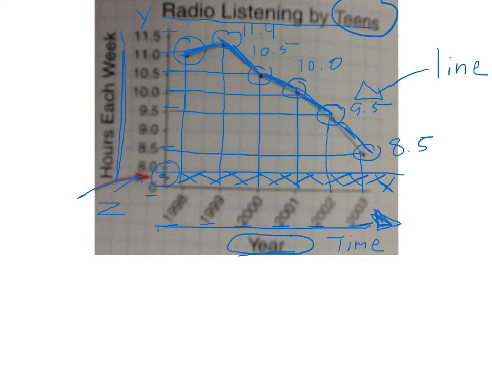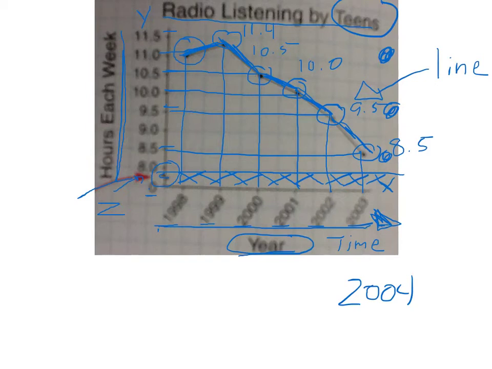Are they listening to more hours of music each week, or less hours of music each week? If I asked you to make a prediction for the year 2004, which is not on this graph, where do you think the next plot would be? Somewhere up here, here, here? What is the trend? Where do you think the next plot's going to be in 2004?